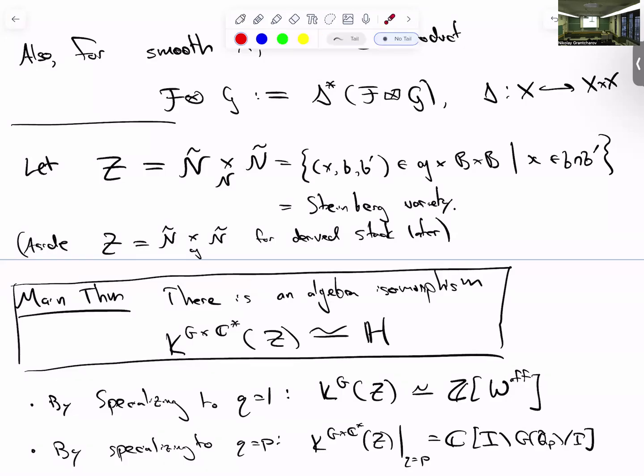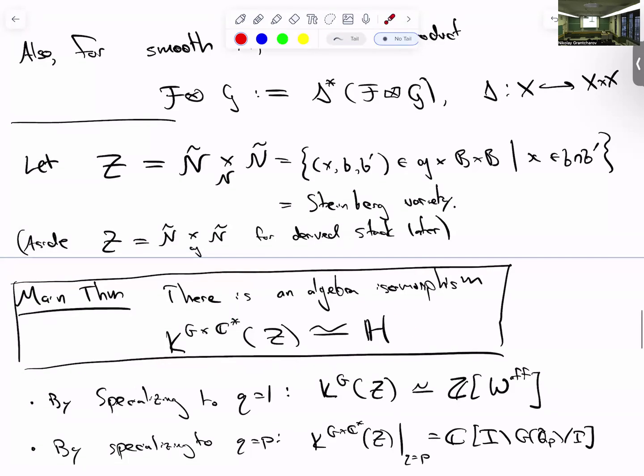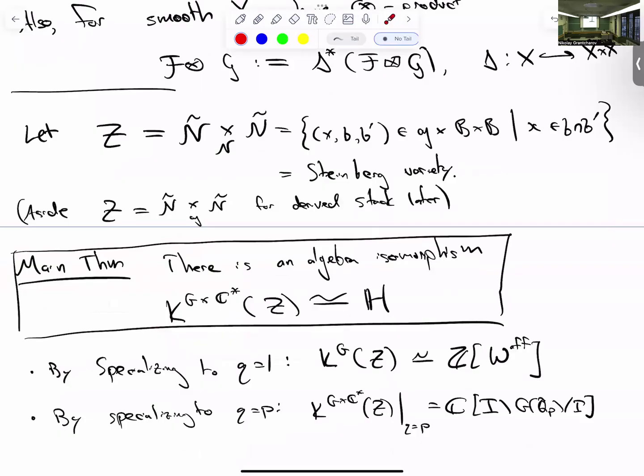So this isomorphism is a way to realize the Hecke algebra where q is treated as a formal parameter, and then you can specialize to recover the initial fact we saw before.